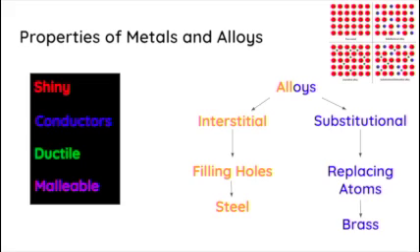This couldn't be done with most solids, but metal is able to be stretched and formed at its own free will, and is very free moving though it is a solid, so you can fill these holes. Substitutional is when you replace atoms, much like here, with other atoms, to create a metal like brass, often very soft and very malleable. Interstitial, an example being steel, is for making something super strong.